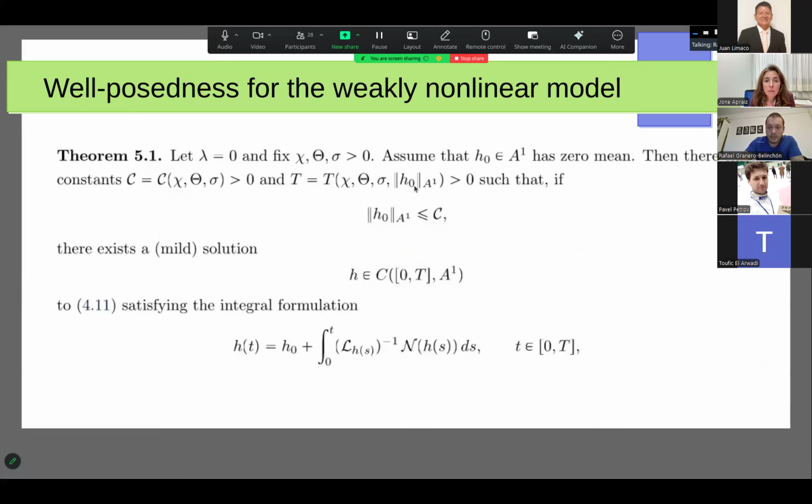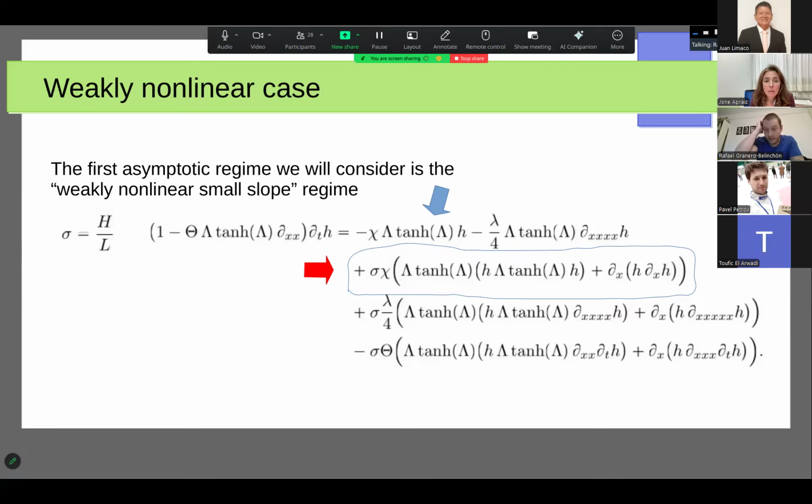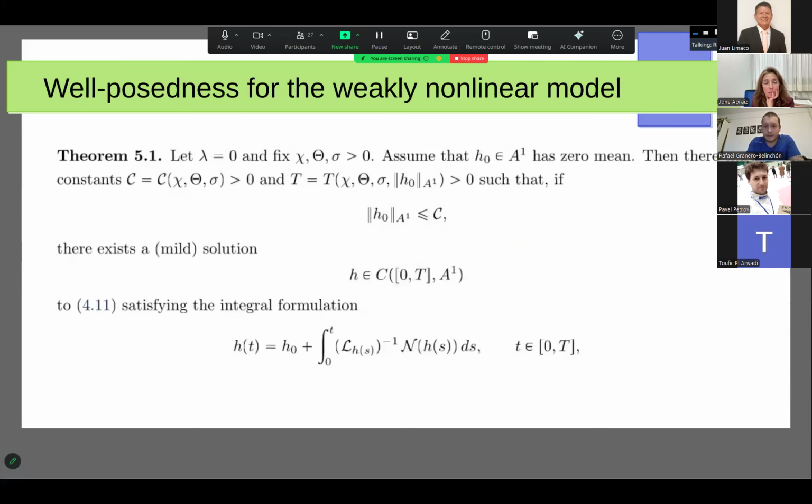Once we have derived the equation, and once I have tried my best to create some intuition about these different terms, let me present the well-posedness theory that we have. Let me first focus on the case with lambda equal to 0.